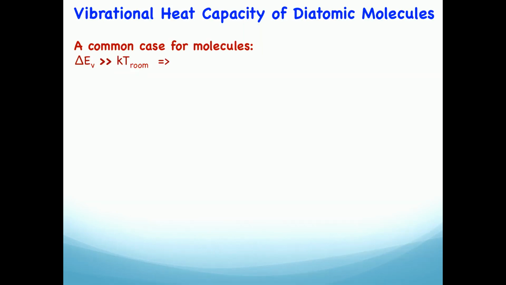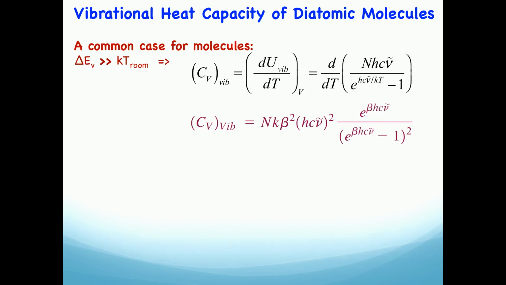So the heat capacity for diatomic molecules. Now we know the partition function, which doesn't look as simple as in this case, so the derivative with respect to temperature also will not be easy to take. We need to take a derivative of this guy, which is not very hard, but it is the derivative of e to the power -1, right?